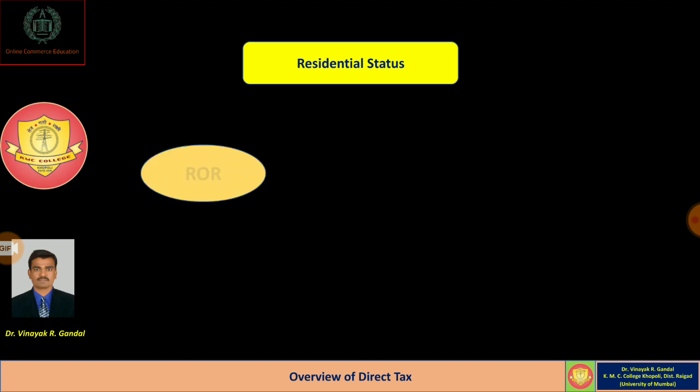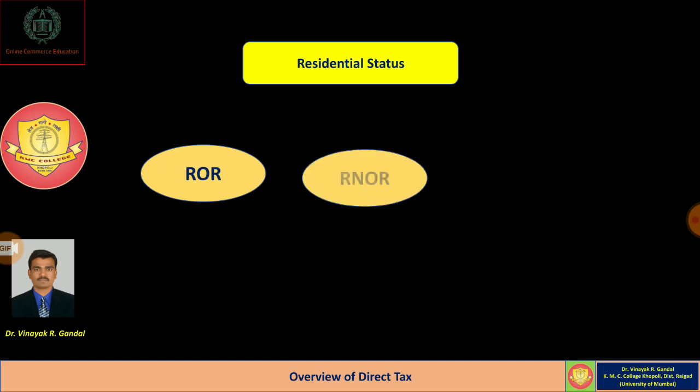There are three types of residential status, that is ROR, RNOR and NRI. ROR means resident and ordinary resident. RNOR means resident but not ordinary resident. And NRI stands for non-resident of India.